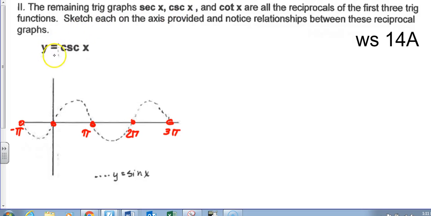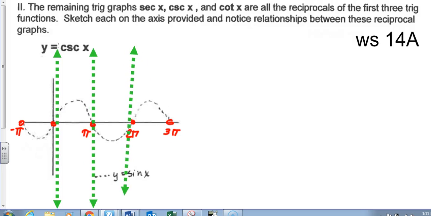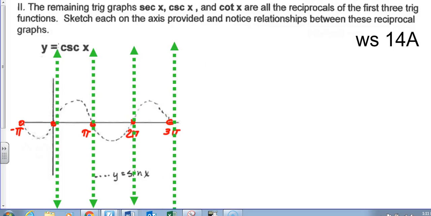So we have asymptotes. Everywhere that this graph had a 0, there will be an asymptote. Those are so badly drawn. I'm trying to cheat and use the line tool, but somehow they're still coming out in the wrong spot. All right, let me scooch a couple over.